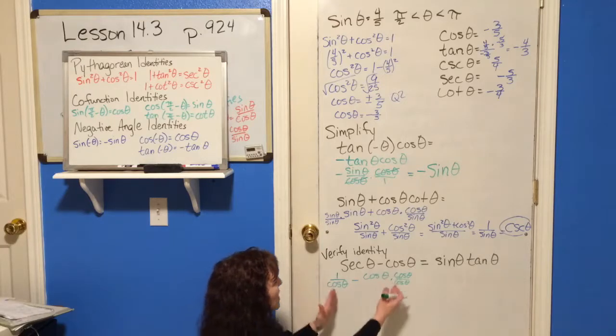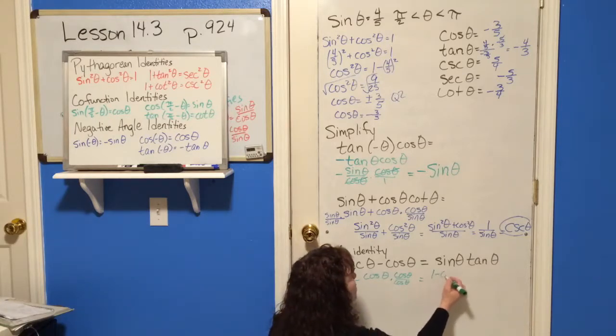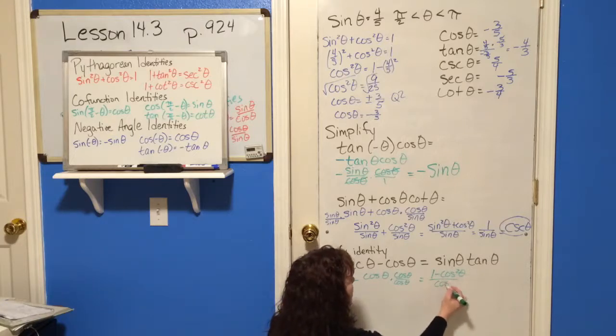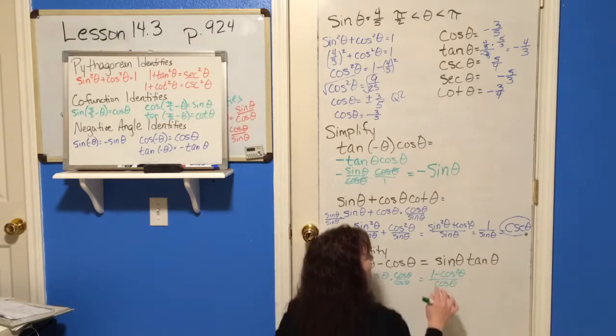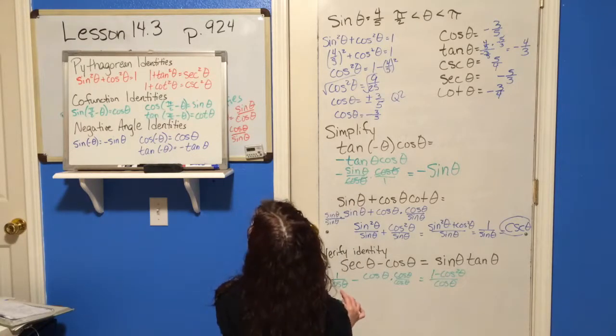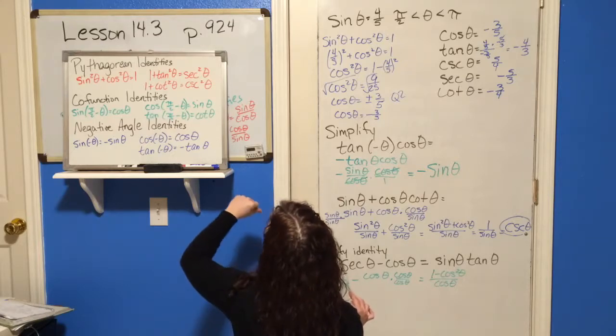All right, so then this becomes, let's go this way for now because I don't have a lot of space. So now we have 1 minus cosine squared of theta over cosine of theta. And let's look to see this 1 minus cosine squared, was that something? Uh-oh, it's not.